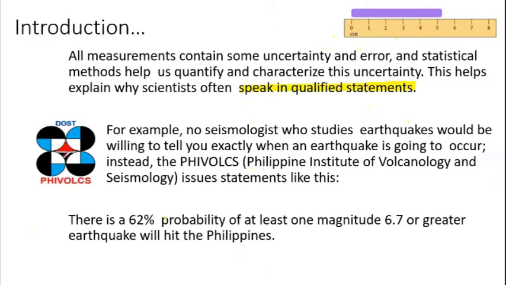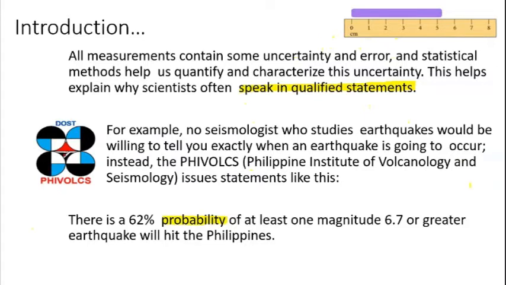Okay, so we have here the word probability. So what do we mean by probability? These are the chances of things that might or might not happen. So in this statement, there is a 62% chance that an earthquake with magnitude 6.7 or greater will hit the Philippines.